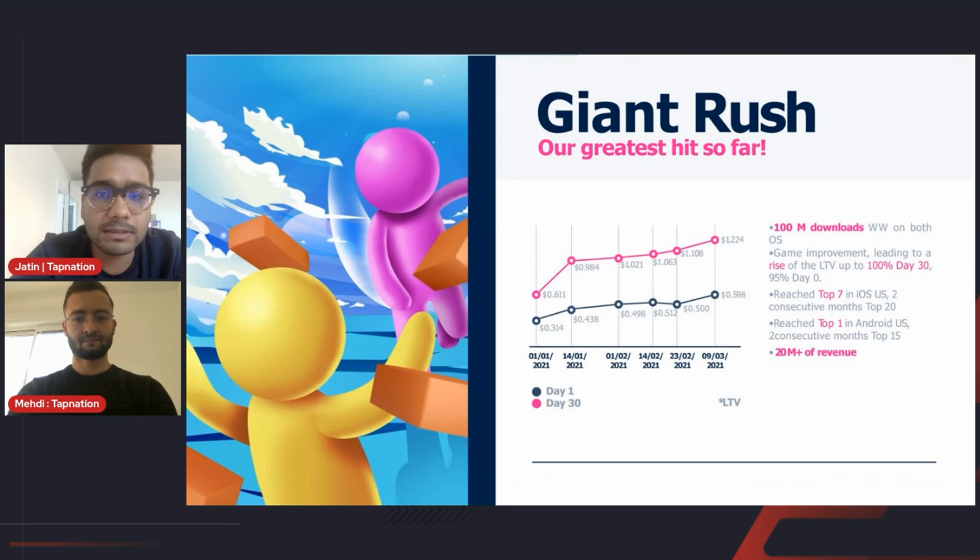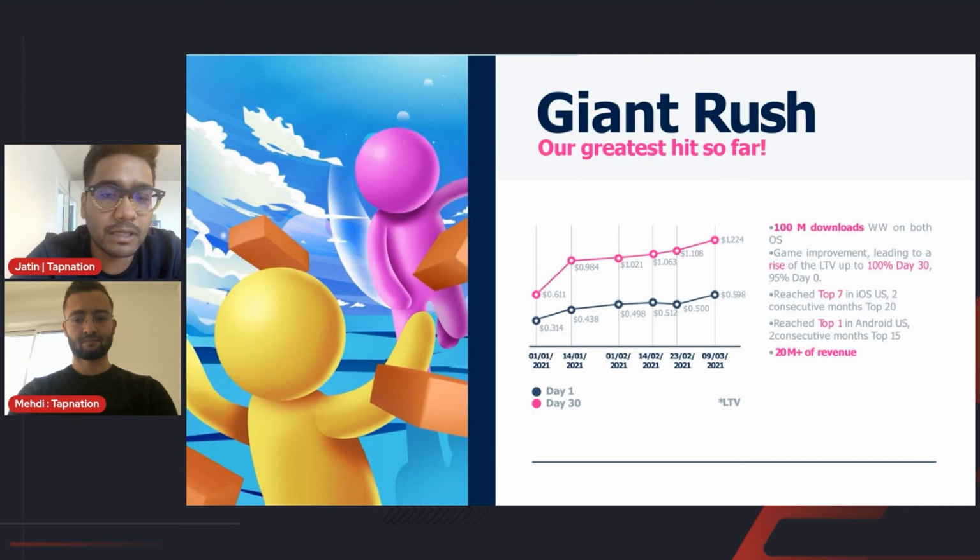So just to share some results about the whole process, like how it brought value to us: Giant Rush, which is one of our biggest hits so far, and we have achieved over 100 million downloads on this title with up to 20 million plus in revenue.